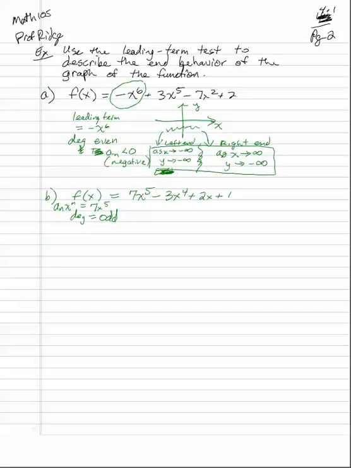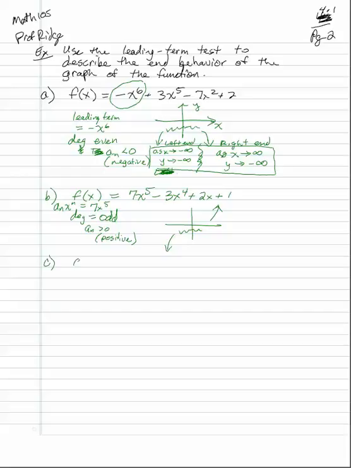Degree is odd, and a sub n is greater than 0, positive. Okay, so then you got to think, degree is odd, and what are the ends doing? So the left end is going down, the middle we don't know, and the right end is going up. Okay, so that's the end behavior. So the left end is going to negative infinity, the right end is going to positive infinity.